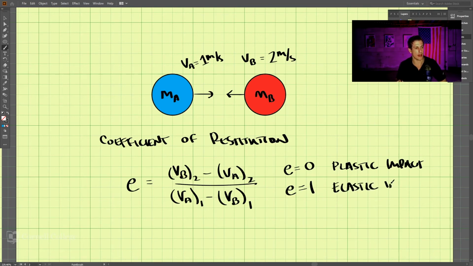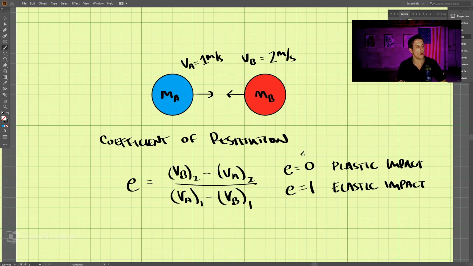And for an elastic impact, the relative velocities after the collision are equal to the relative velocities before the collision. So the top number and the bottom number are equal to each other. Those are the two conditions, and for all impacts, it's going to fall somewhere in between 0 and 1. So how do we analyze this situation?